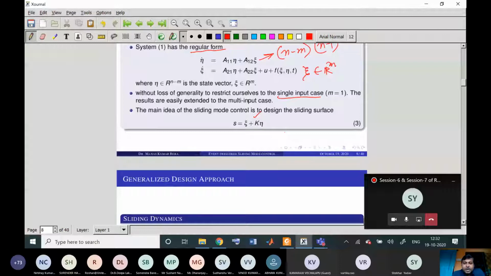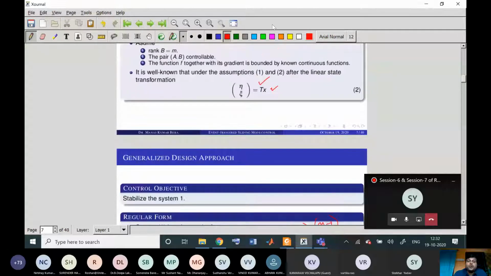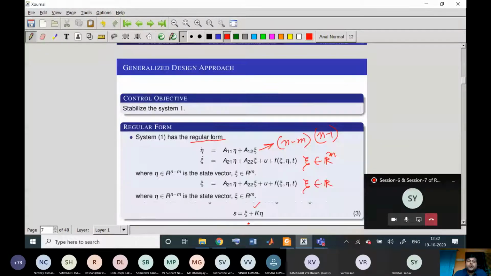That is our objective, because if we make s and s dot equal to 0 in finite time, then zeta and eta are going to settle to 0 asymptotically, and if zeta and eta settle asymptotically, definitely x is going to settle asymptotically.